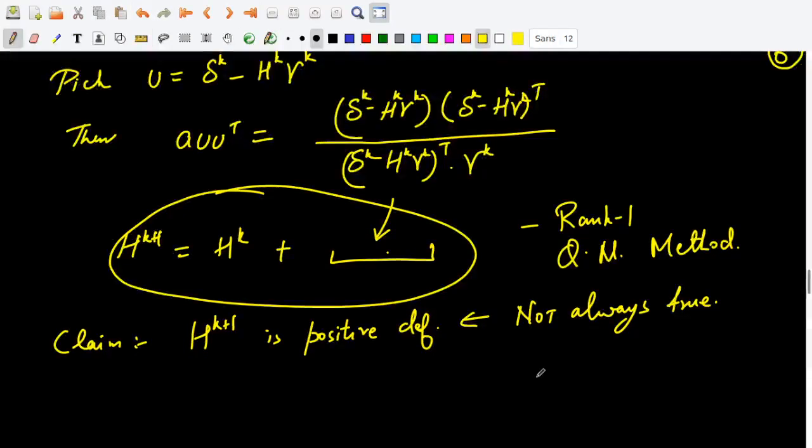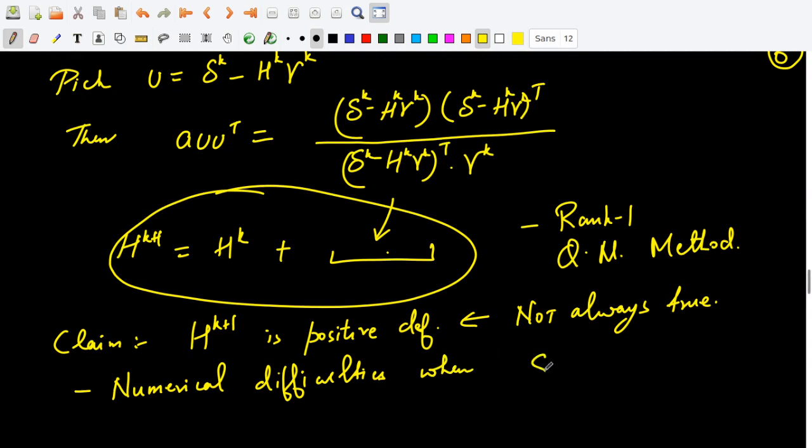Also, this method may have numerical difficulties when the denominator (delta k minus hk gamma k) transpose gamma k is close to 0.